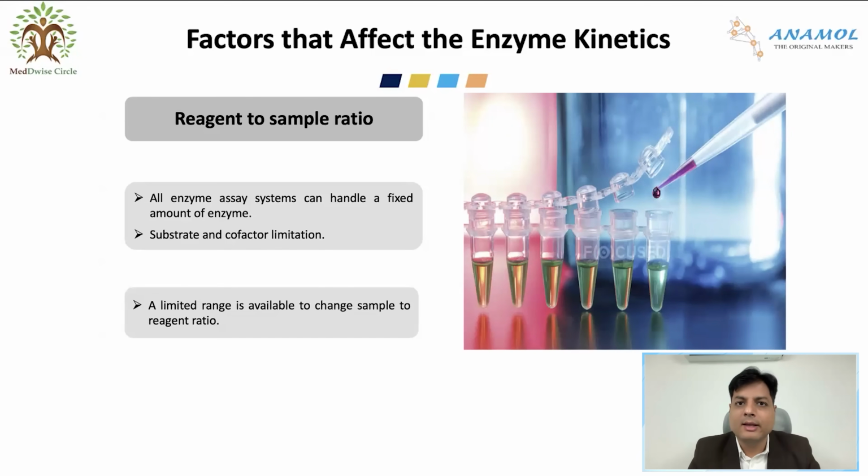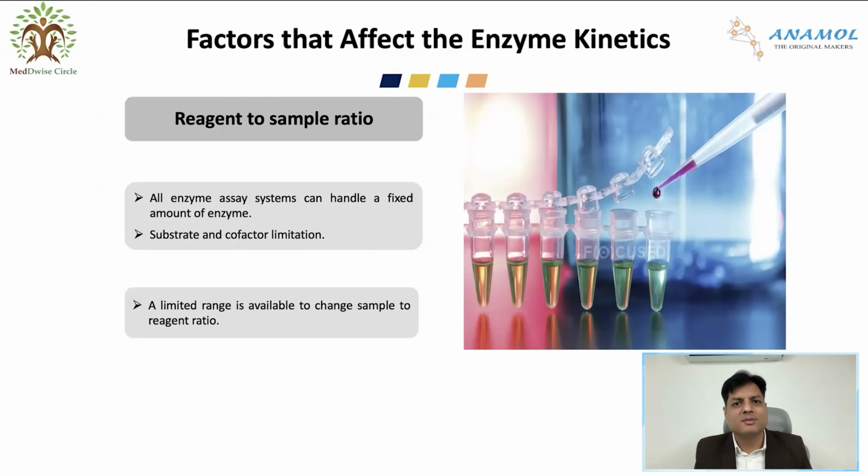Now, hypothetically, if we reduce the working solution volume by half, instead of 1 ml we take 500 microliter working solution, and instead of reducing the sample by half, we take the full 50 microliter of sample in 500 microliter working solution, then there will be too much substrate in the system.